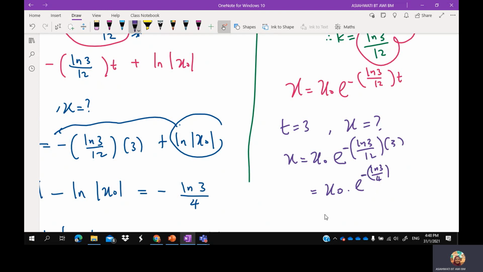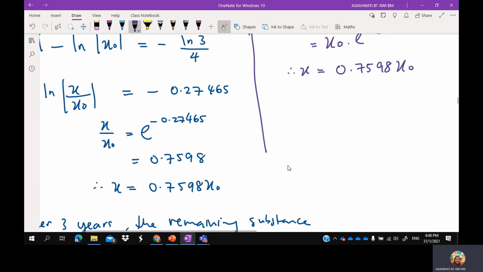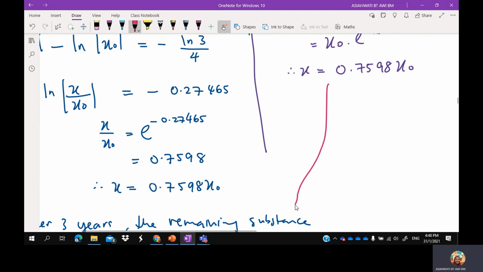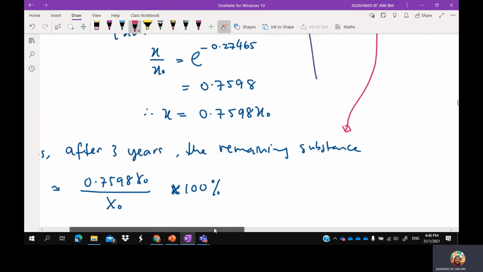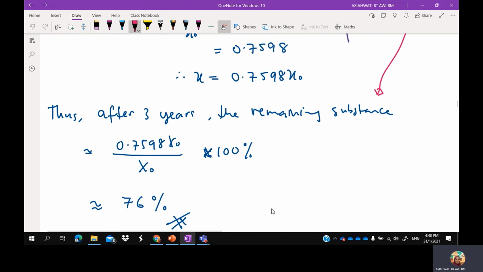Then you can find this value using a calculator, and the answer is 0.7598 x naught. Now you can proceed to answer this one. Do this one, then done.